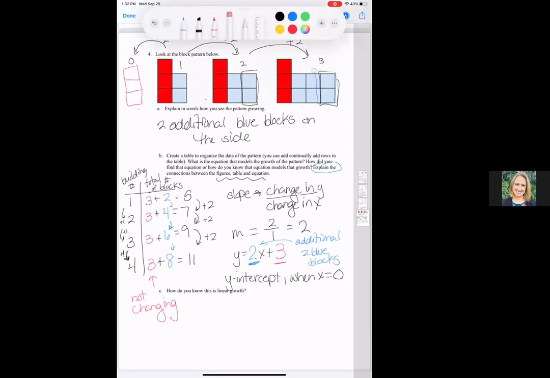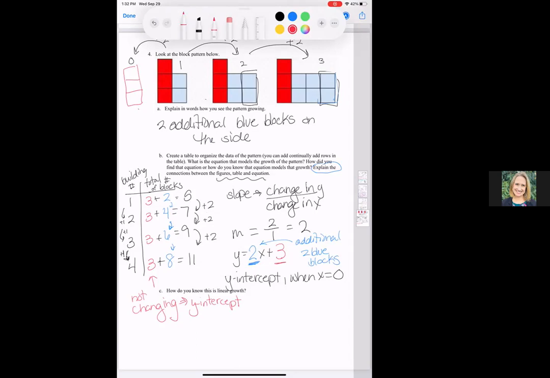I want you to write that in this space: what's not changing is our y-intercept, and the additional blue blocks, that change of plus 2, is our slope. You can put that in one nice spot, and I'll do that outside of the recording.